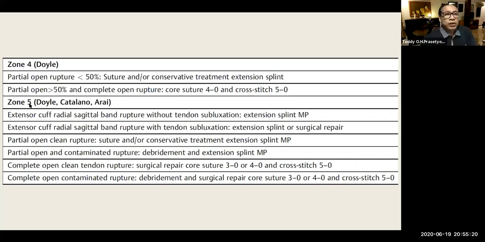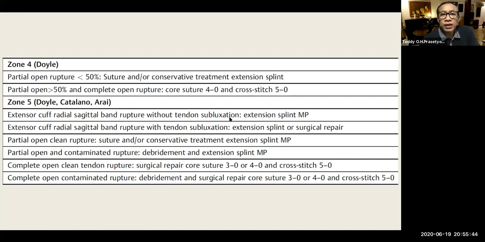Right, so zone number 5 at the MP joint level. Now it's quite complicated, more complicated to realize, but let's see. Extensor cuff with the radial sagittal band rupture without tendon subluxation, then you could use conservative treatment. Why do you need to consider the tendon subluxation?